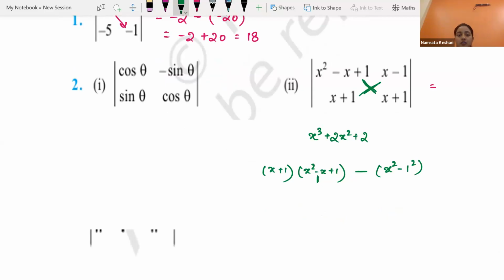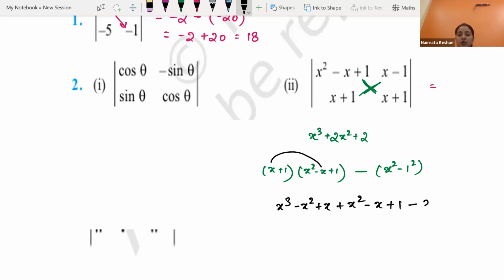No. Okay, so actually, have you done the multiplication of everything, Kiran? Okay. If we multiply this x with x square, we'll be getting x cube. This x with negative x will give minus x square, plus x. And this will be x square, this will be minus x, this will be plus 1.